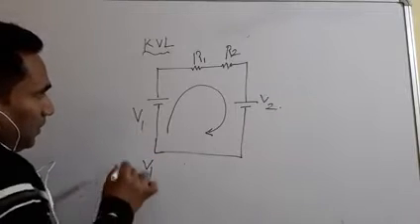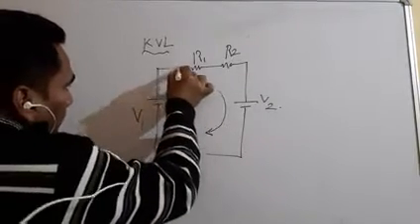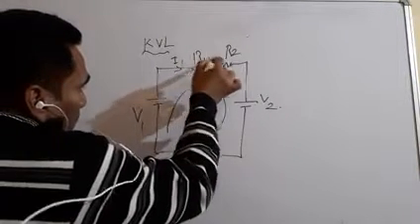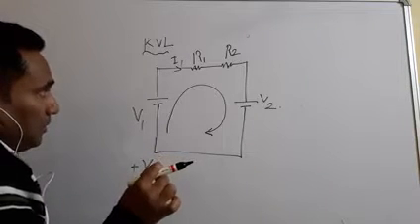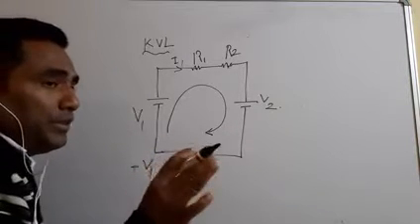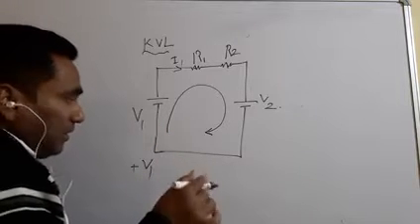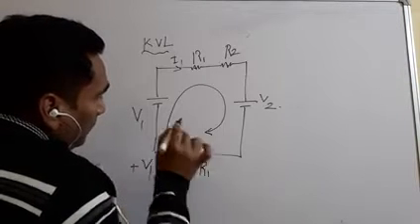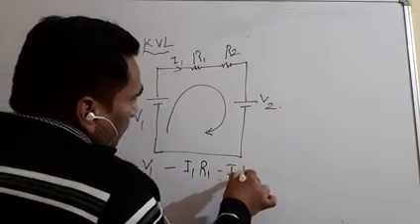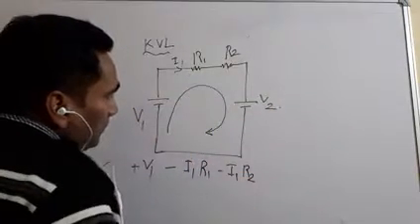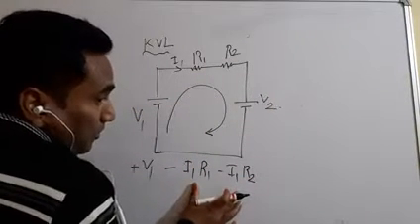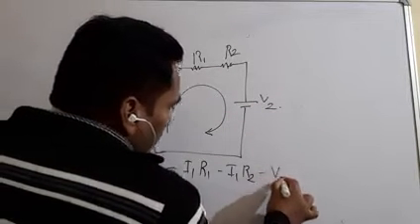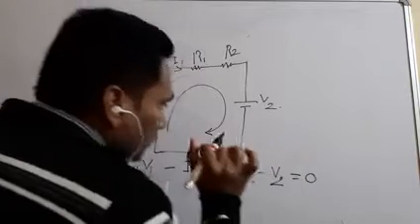Then V1, obviously with a plus sign, here is a current I1. You can see these are resistors. At a resistor there is always a voltage drop, so we normally represent it with a minus sign: minus I1 R1 and minus I1 R2. Both are different resistors, so for that I am showing different voltage drops, and then minus V2 is equal to 0.